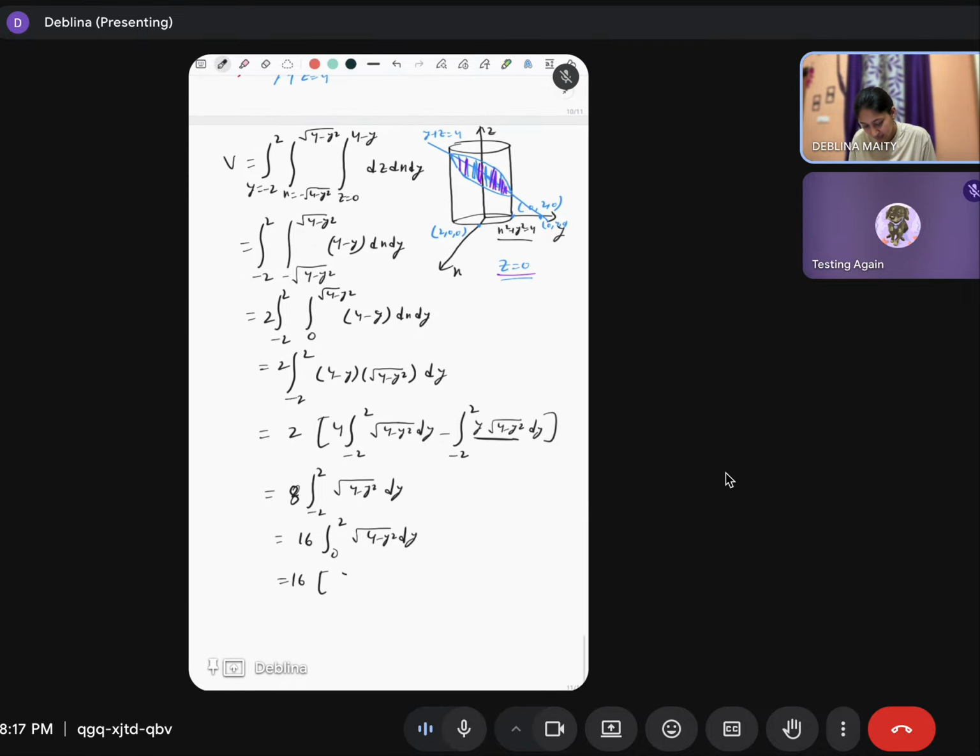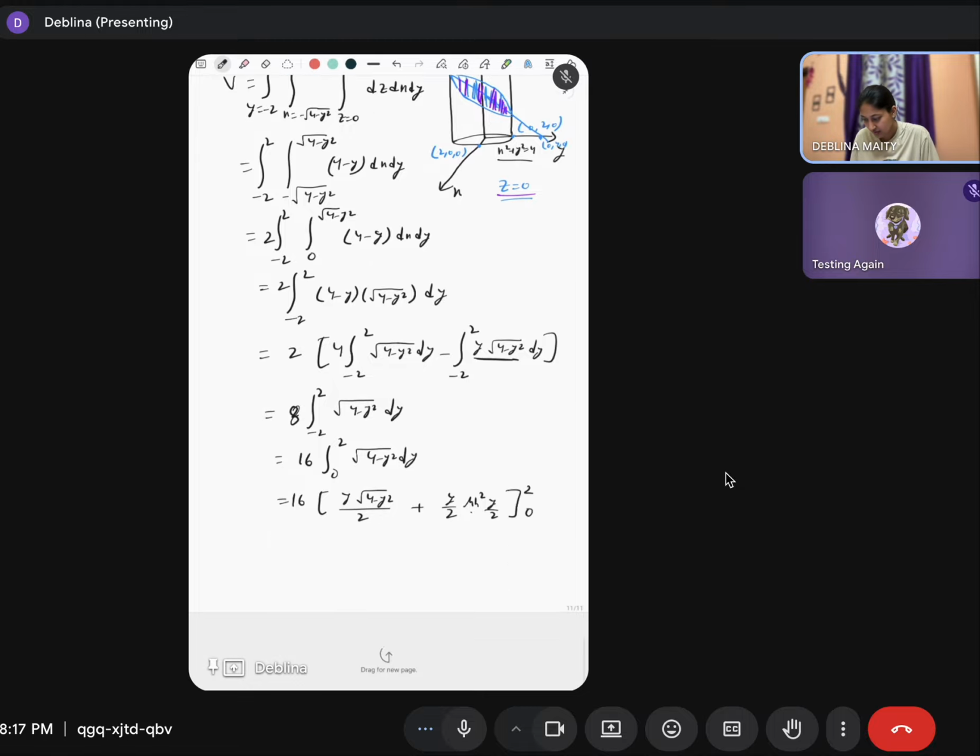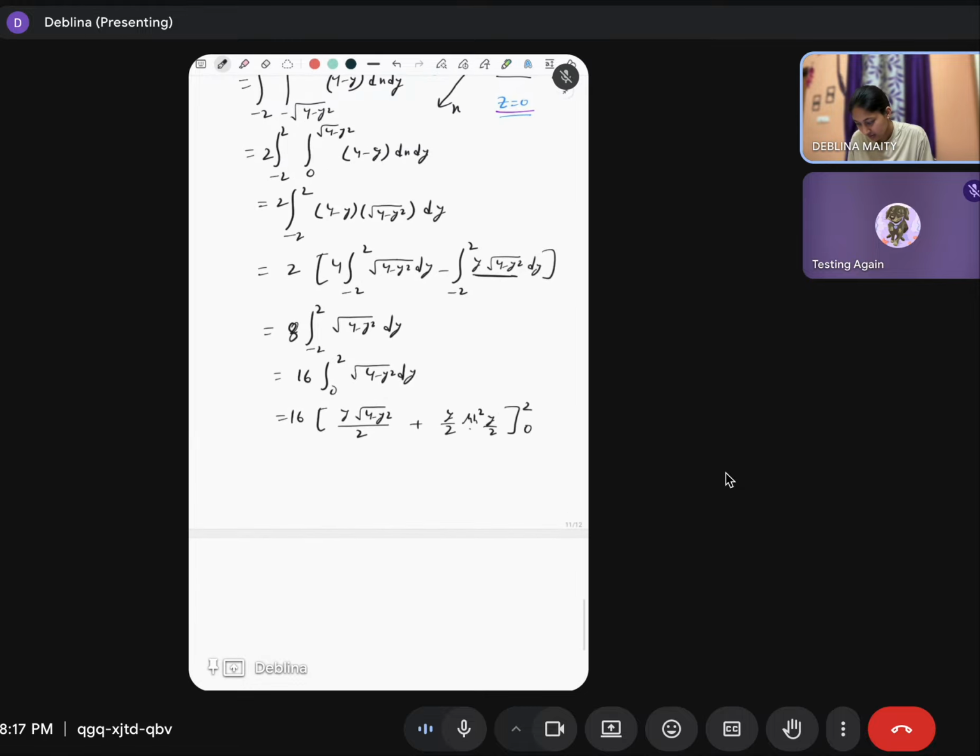It is 16 into, the integration is sine square y by 2, right? So the value is 16 into 2 sine inverse 1, which will be 16 pi.